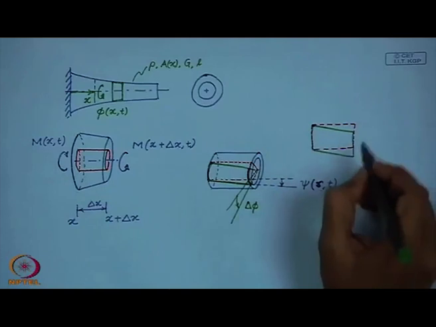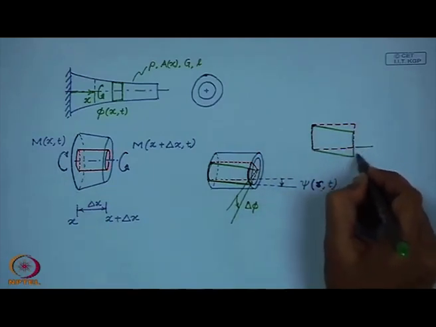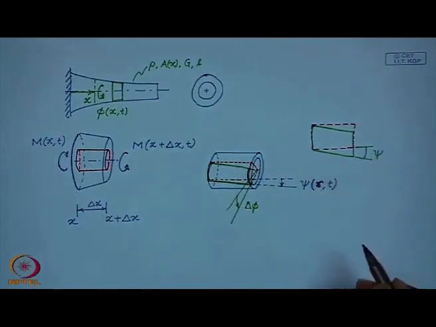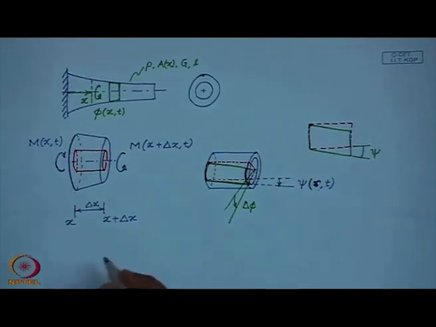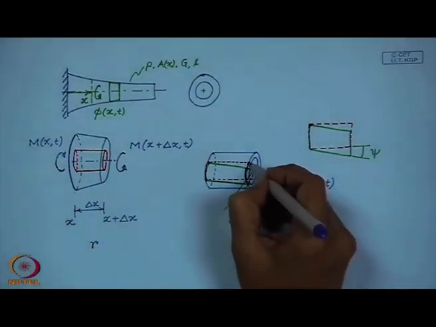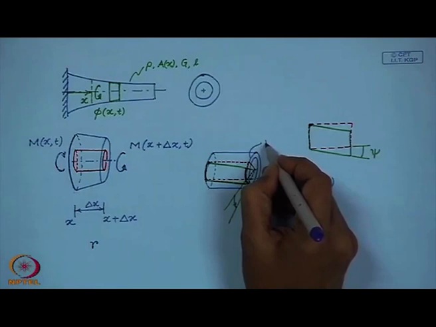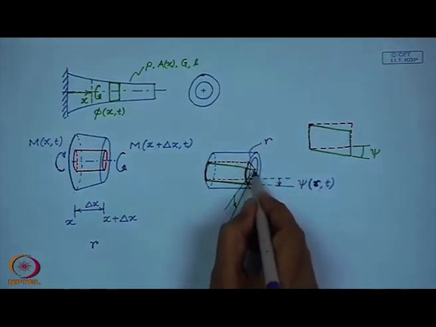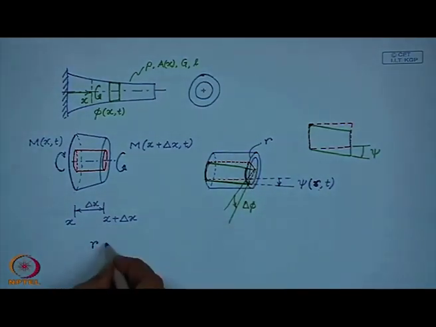This is the green element after deformation. So, this is the shear strain in this element. So, with this kinematics, we can write, r, so this is the radial location.